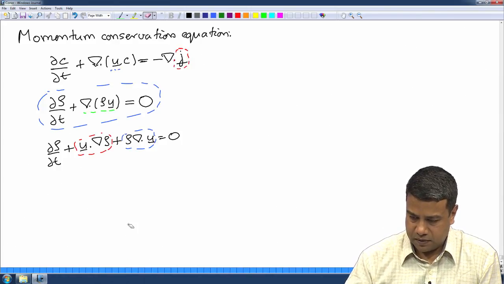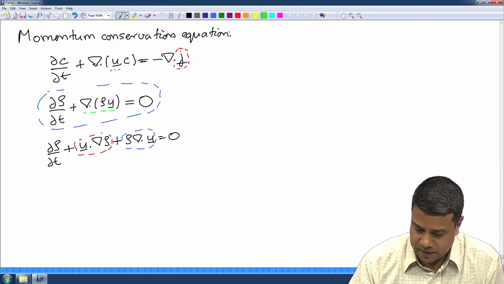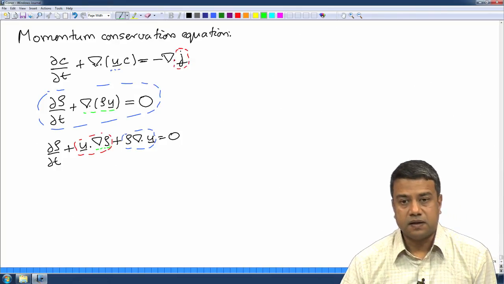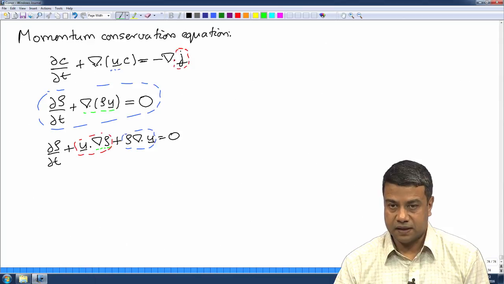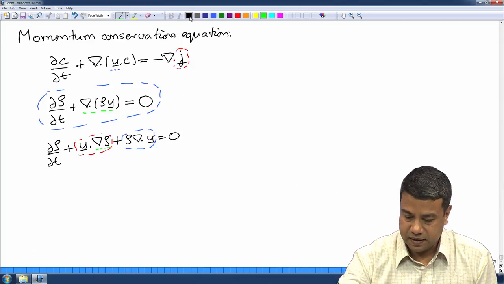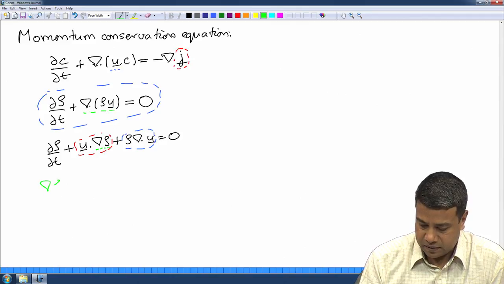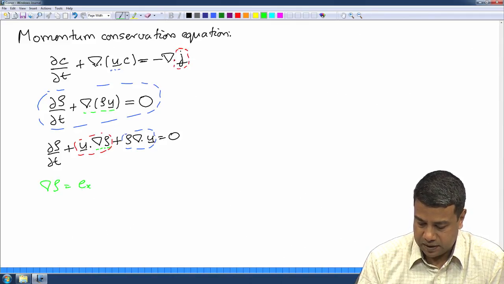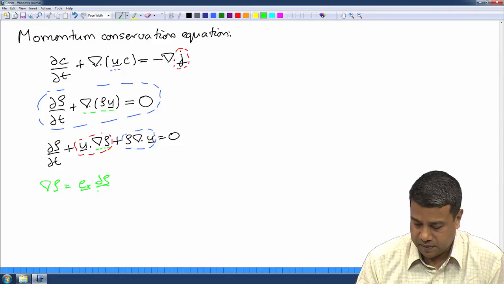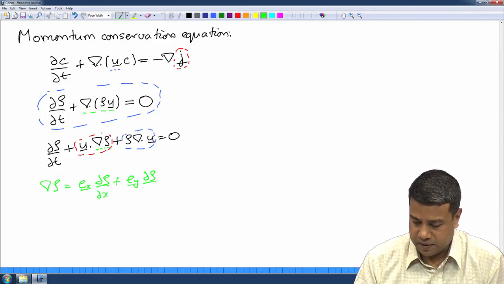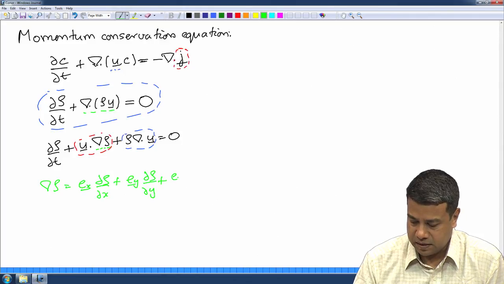And it is important to note that this operator here is a gradient operator, it is acting on a scalar. That first operator is basically grad rho is equal to E x partial rho by partial x plus E y partial rho by partial y plus E z partial rho by partial z.